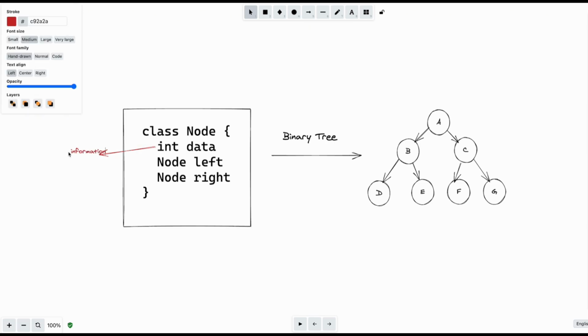Otherwise, why do we need a node? So the node itself has some information. This could be any type. It could be a string, a char, a boolean, or even something very complicated like a hash. It doesn't really matter.